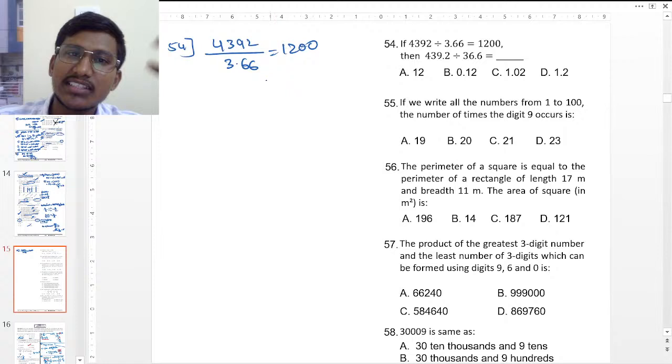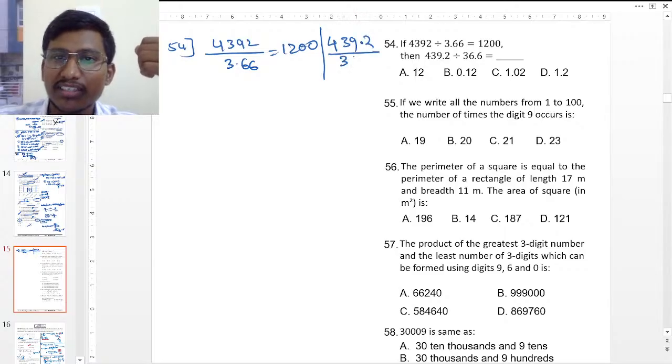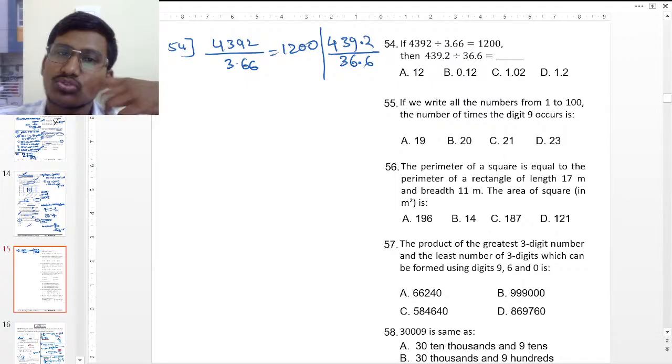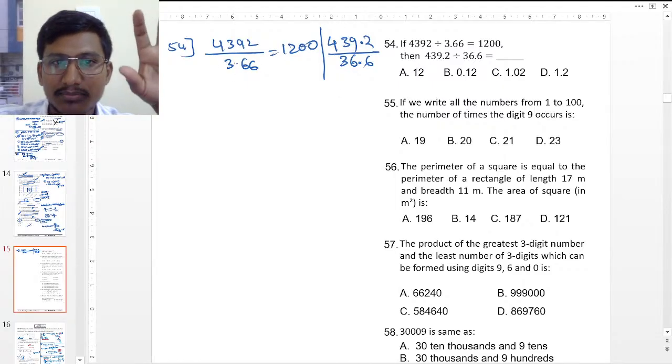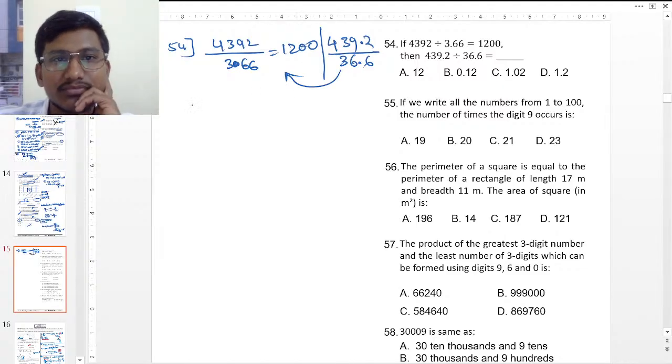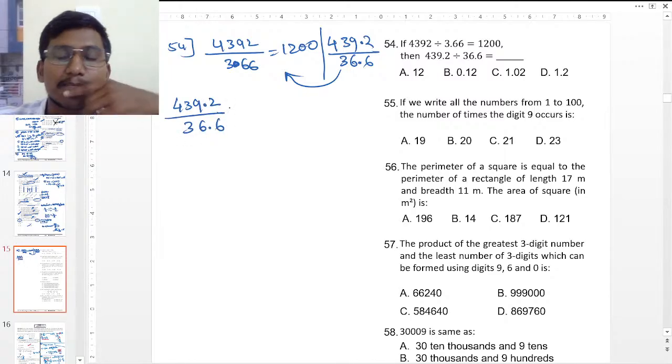Then we have to find the answer for 439.2 divided by 36.6. So I will take this one and convert it into this. That is 439.2 divided by 36.6.